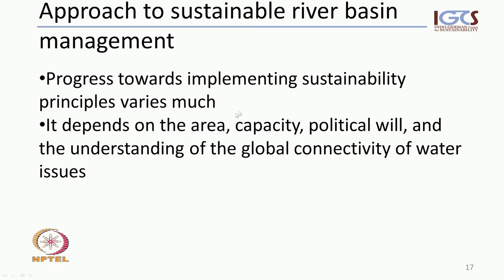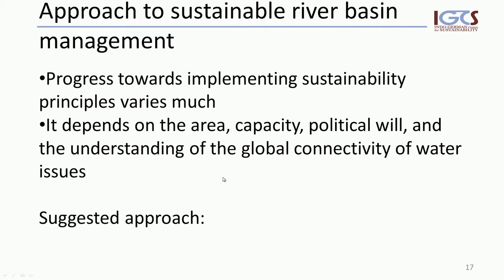So we have to recognize that it's a process which will take time and is not equally implementable across one country or across regions. It has to be approached for each river basin individually, very specifically and in a targeted way.